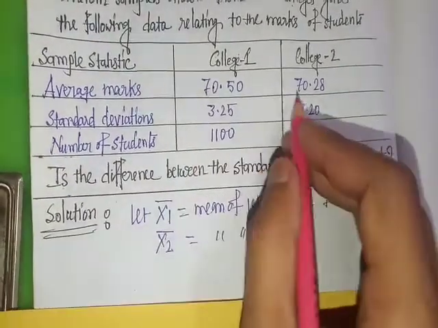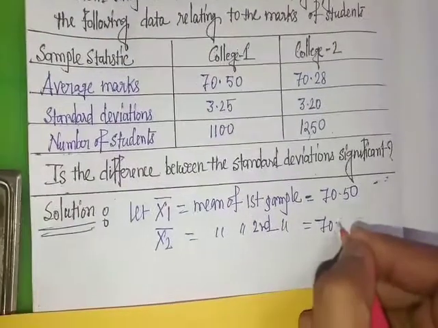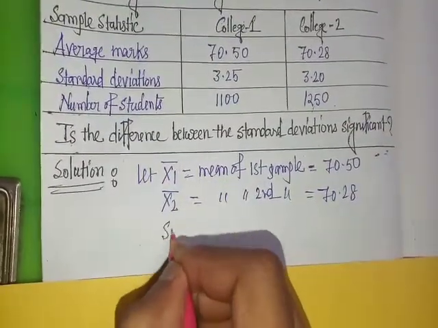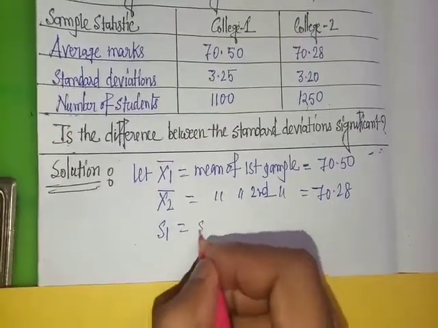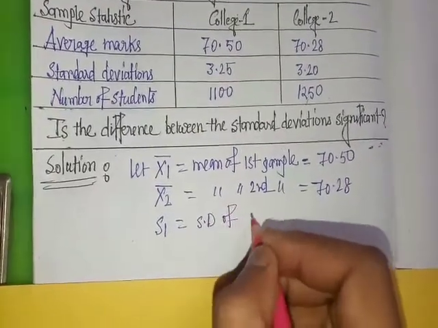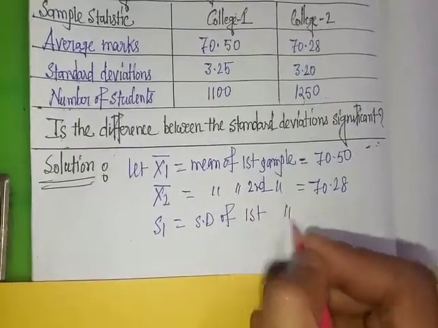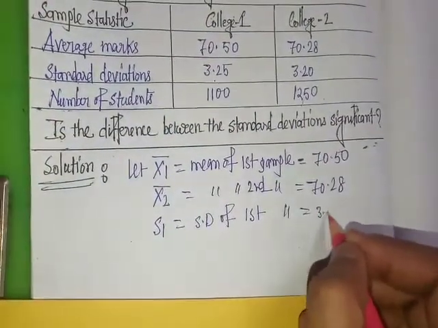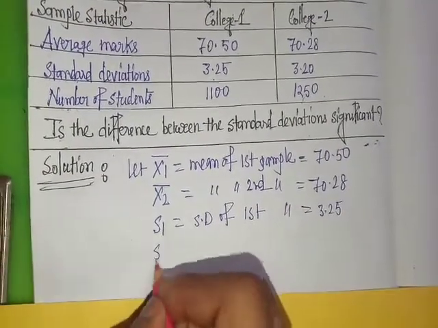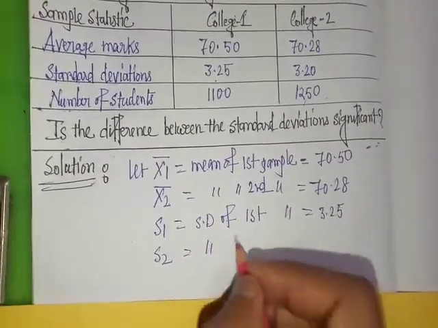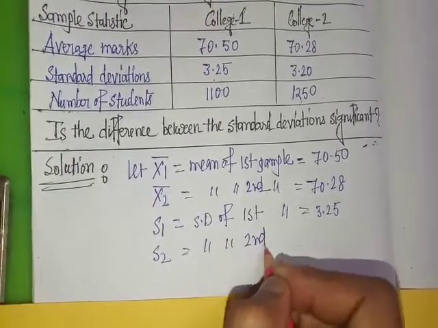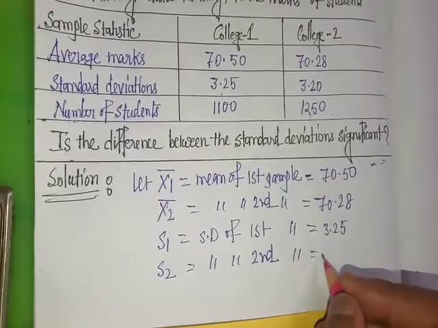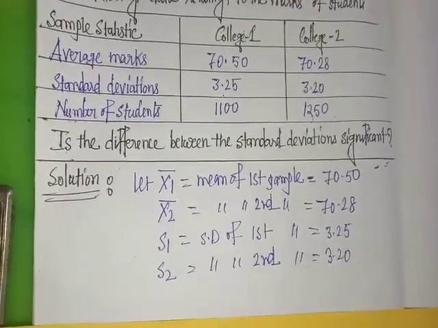So mean of second sample is 70.28. Capital S1 is the standard deviation of the first sample, so standard deviation of first sample be 3.25. S2 be the standard deviation of the second sample, so standard deviation of second sample be 3.20.